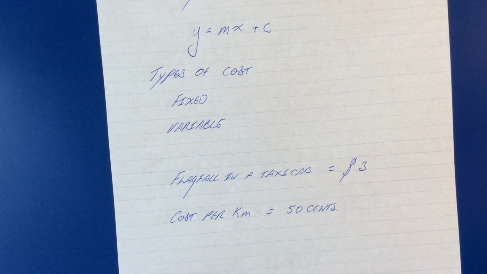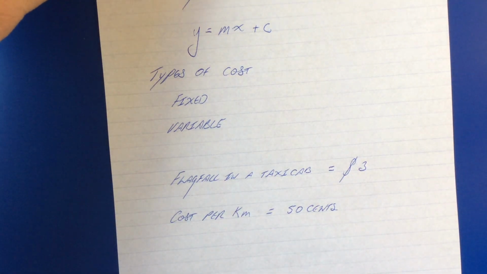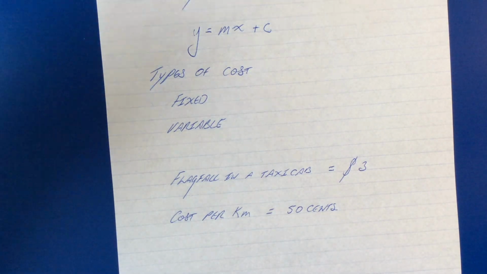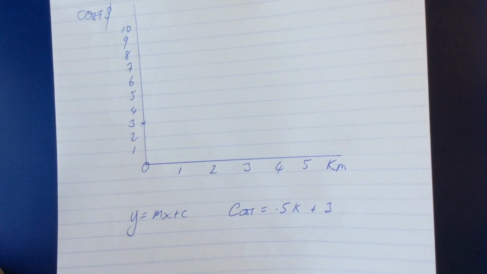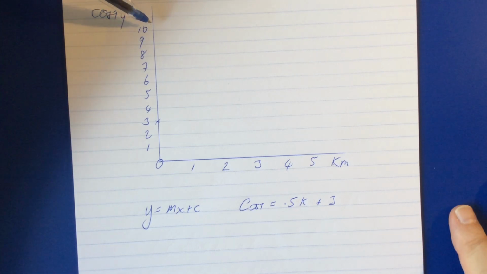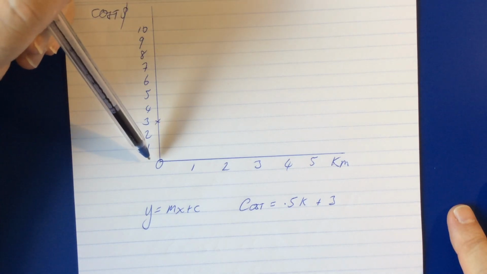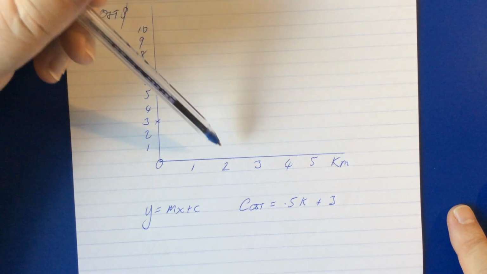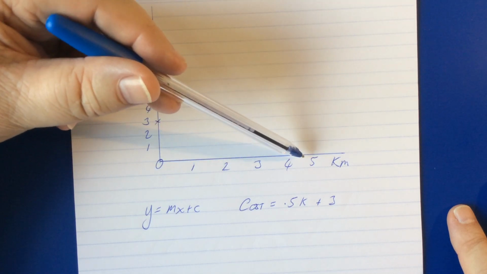Right. So let's see how that translates into the idea of a linear function and how we graph that. Okay, so here we are. I've set up a graph. Along the bottom I've got kilometres.